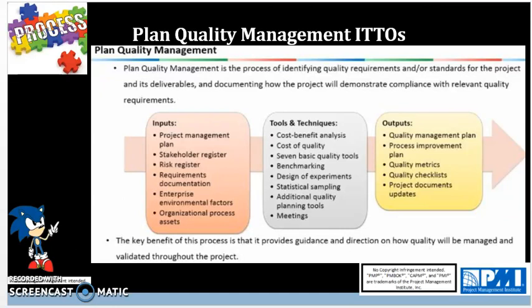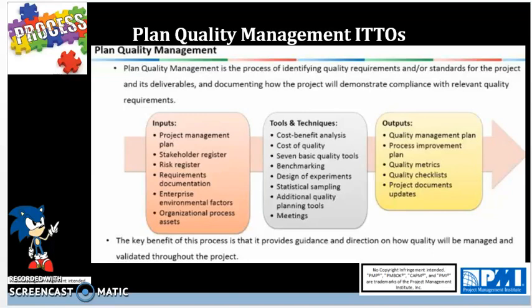So the ITTOs for plan quality management are shown here. For inputs, we have the project management plan, which consists of the scope baseline, schedule baseline, cost baseline, and other management plans that contribute to overall project quality. Then you have the stakeholder register, which is an output from the identify stakeholders process as part of the initiation phase.